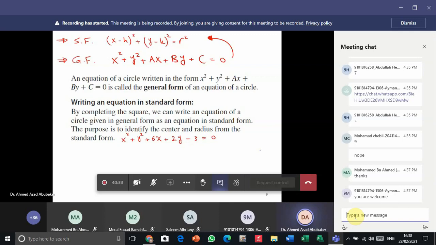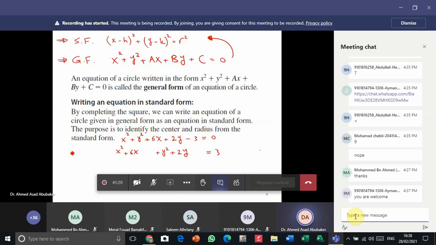Now, how can we convert this general form to standard form? Firstly, put the x's with x's: x square plus 6x, okay, and plus y square plus 2y equal, what? Equal 3. So put x square with x, y square with y, and on the other side put any number not related to x and y.